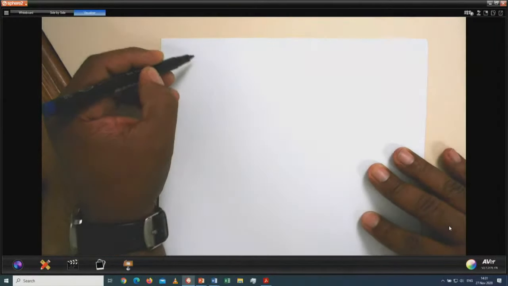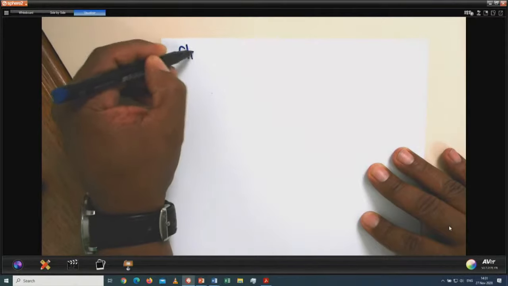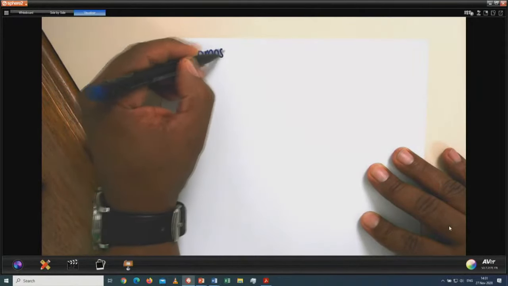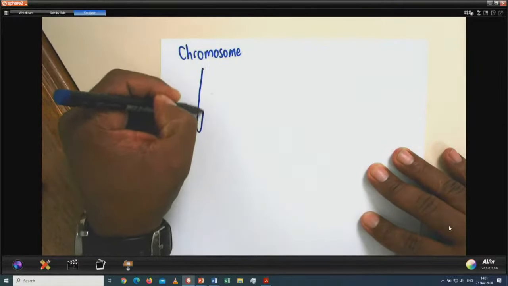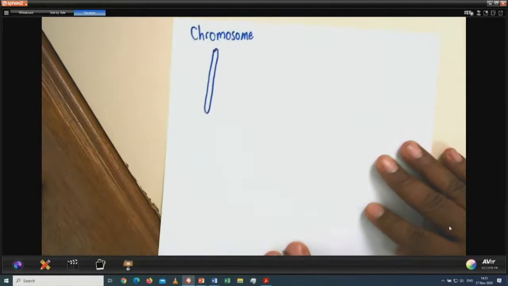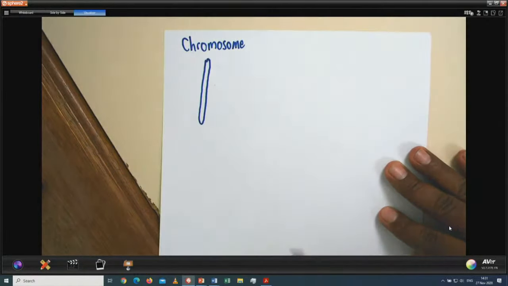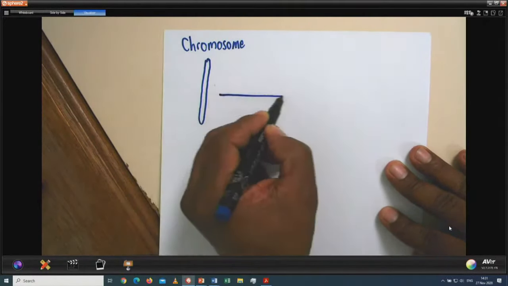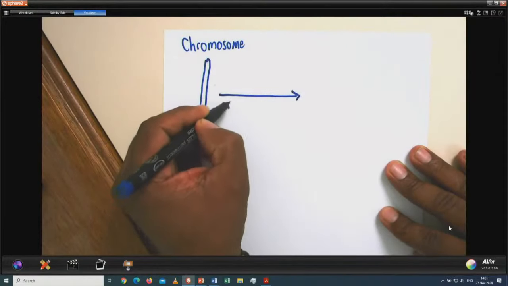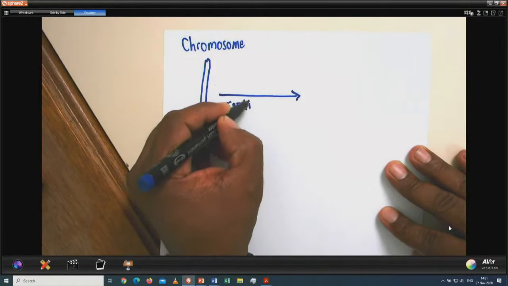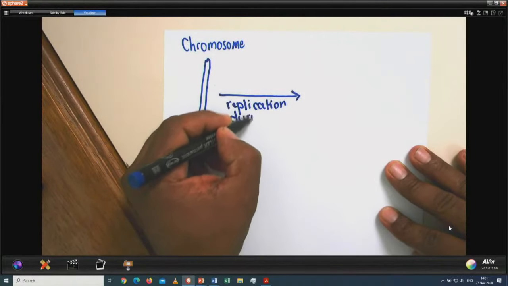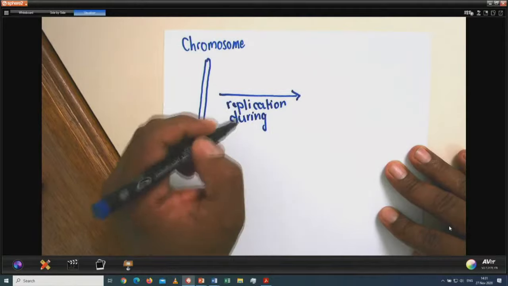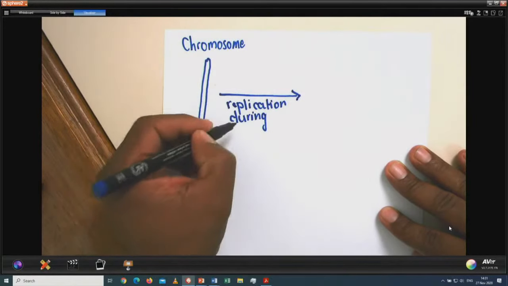Now, we all know that a chromosome is a single thread like that, and if it undergoes replication during interphase, we know that we double the chromatin network in the nucleus of the cell.